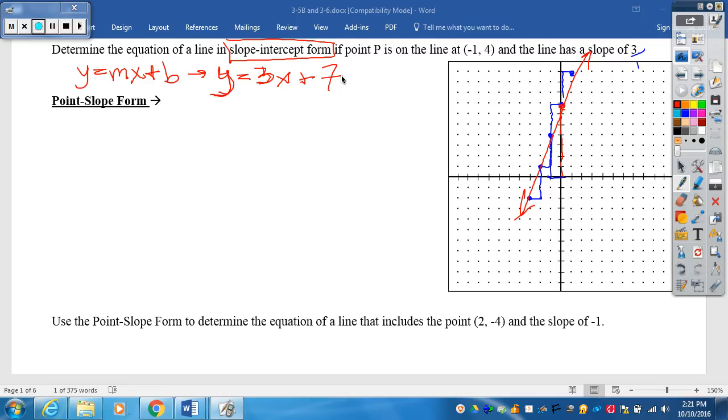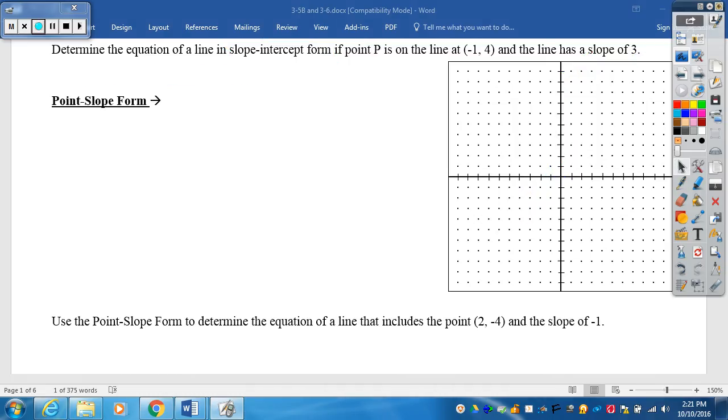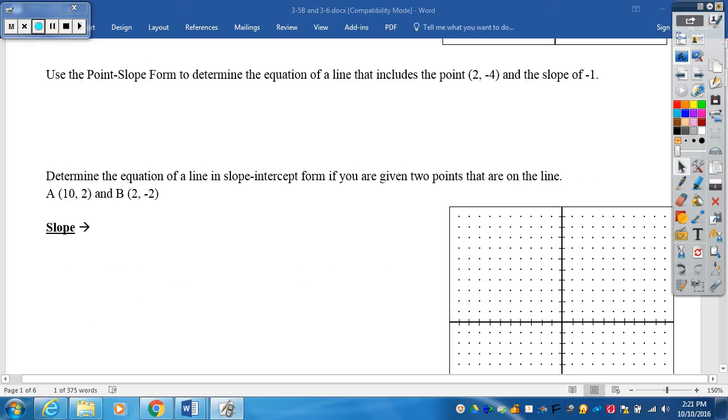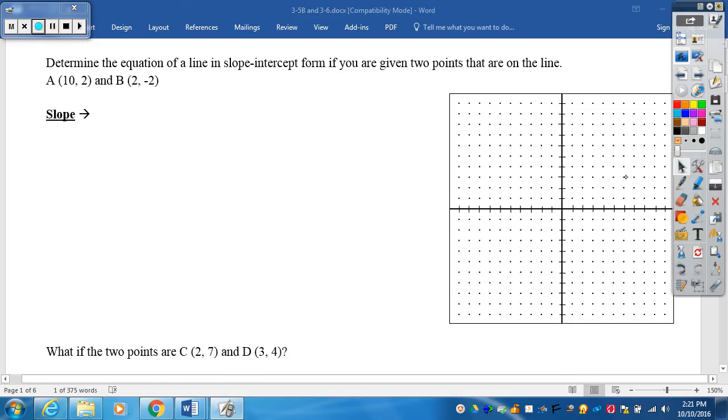And so the question then becomes, well, what is it about this point slope form? What is the equation and how does it make it easier for me? Well, if I go down to my slope problem down here, I want to fill in some things.